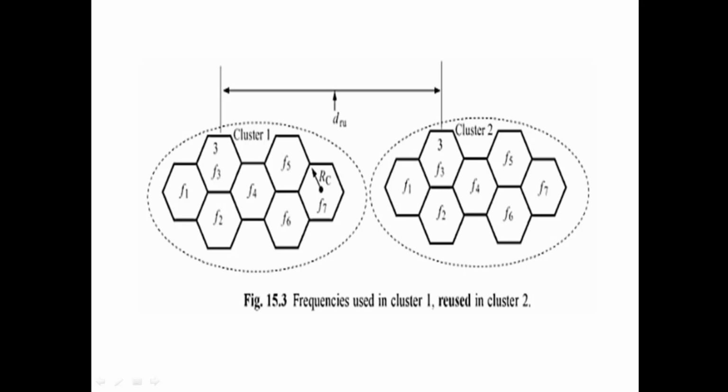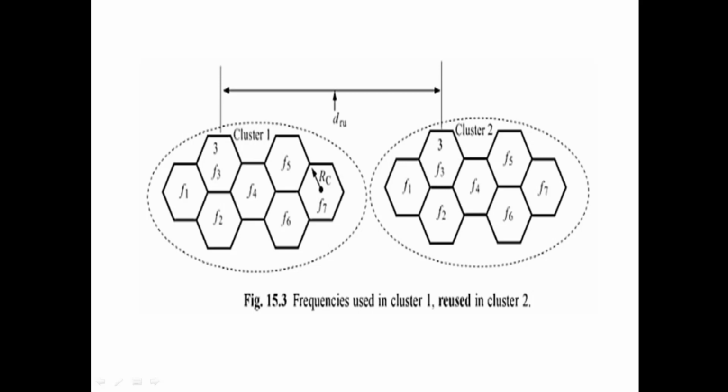So here, the concept of frequency reuse is illustrated in this figure. Here we are considering two clusters, cluster 1 and cluster 2, and each cell has a different frequency in cluster 1, F1 to F7. The same frequencies used in cluster 1 are used in cluster 2 also, F1 to F7.